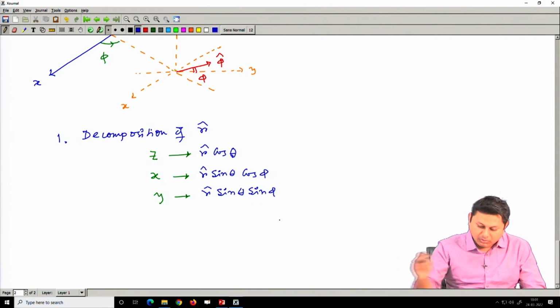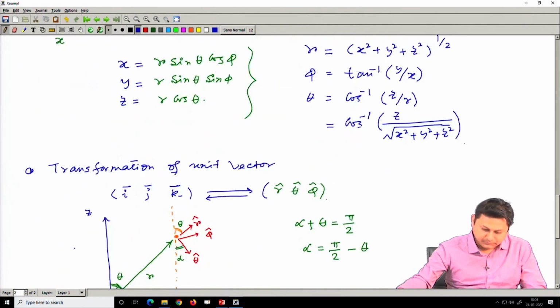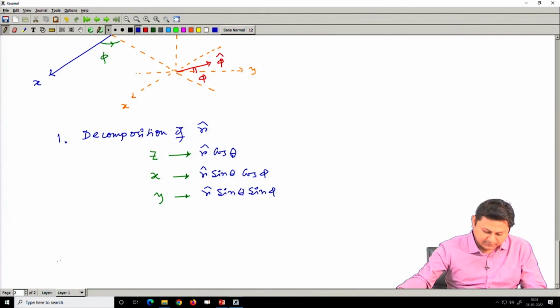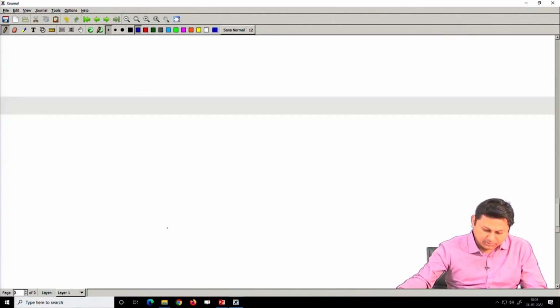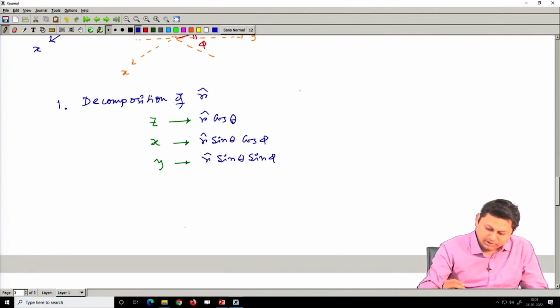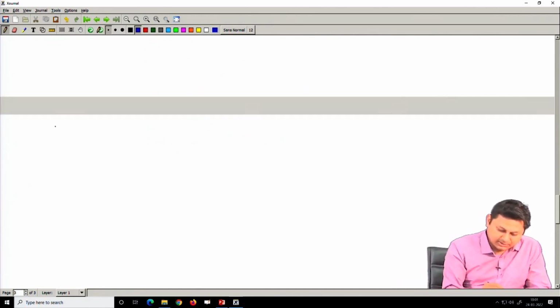Okay. Now, I want to do the same thing, the decomposition of the theta unit vector. I need some space, so better make it here.